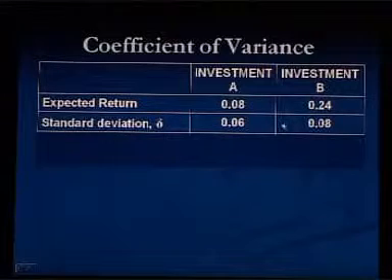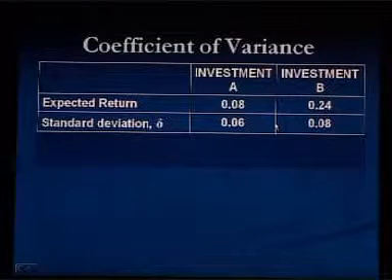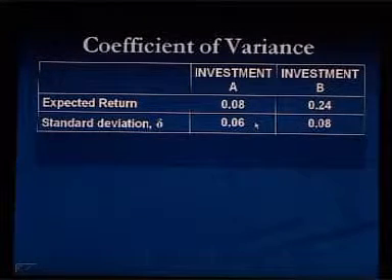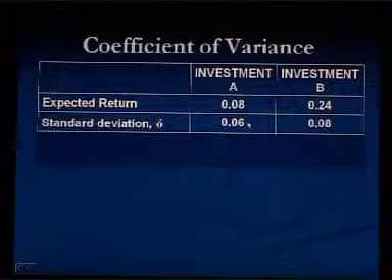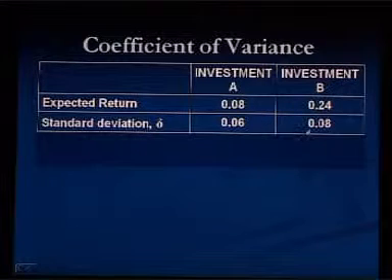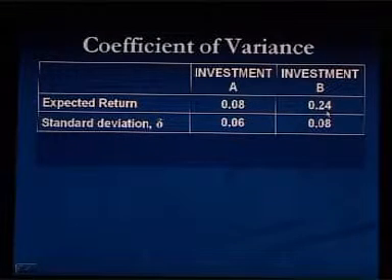So, if we simply look at the standard deviation of these two investments, we find that investment B is more risky as compared to investment A. But if you compare this 0.06 against 0.08 and this 0.08 against 0.24, you can get the idea that this 0.06 is relatively more risky as compared to 0.08 against 0.24 or 24%. This is the problem of size.